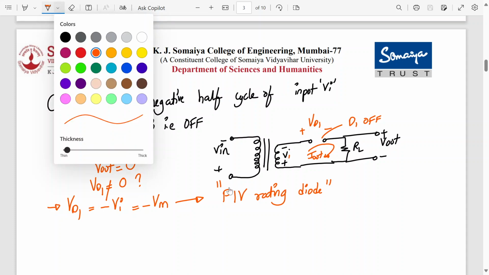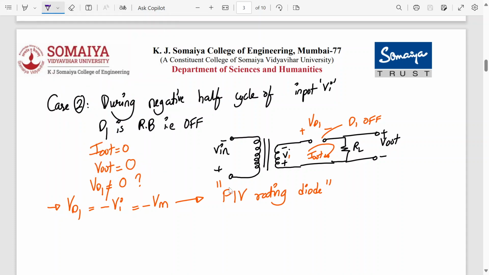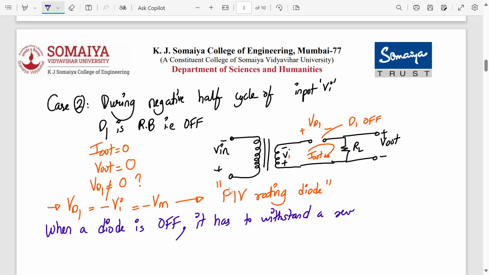So let me explain to you what is PIV rating. So when a diode is off, it has to withstand a reverse voltage of Vm. Okay, meaning across the diode. So if this is the diode, and reverse voltage means like this, right?